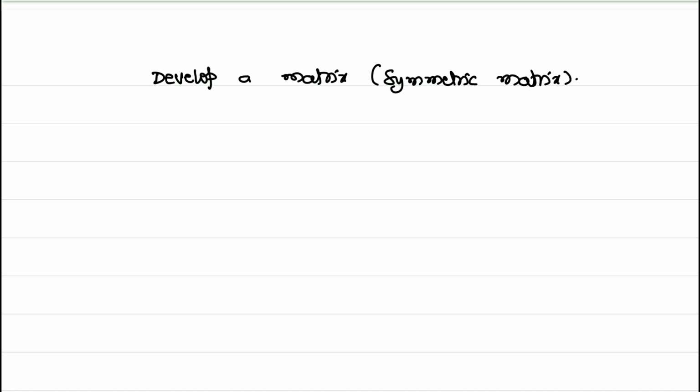From these values, next step, we will develop a symmetric matrix. That symmetric matrix is called the moment of inertia tensor. In this matrix, the diagonal will be Ixx, Iyy, Izz.